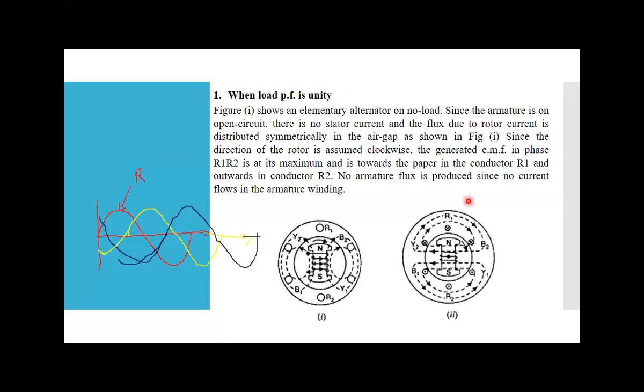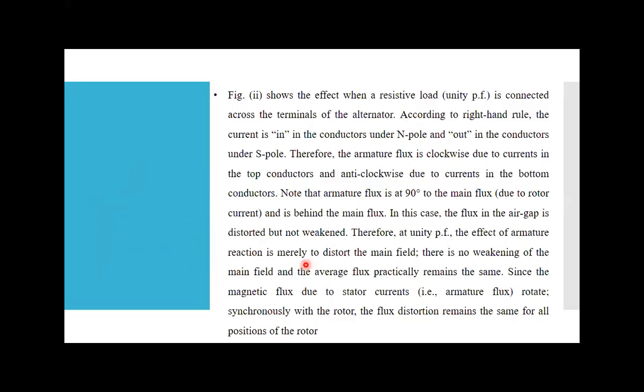Here you can see this is the main flux, this one and this one, and these fluxes are at 90 degrees to the main flux. From both figures you can easily understand. These fluxes are due to the main flux, and these fluxes are due to the current flowing in the armature. So as you see, it will be at 90 degrees electrical.